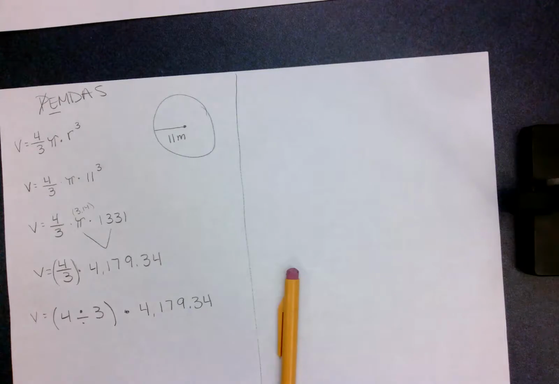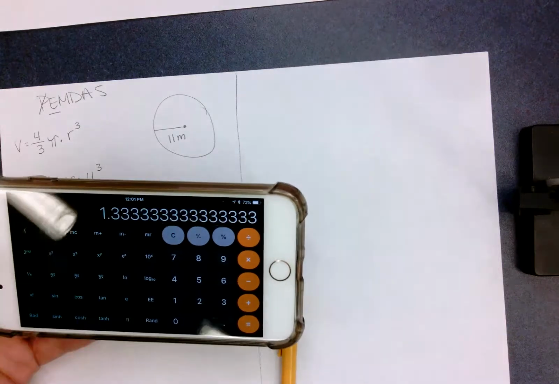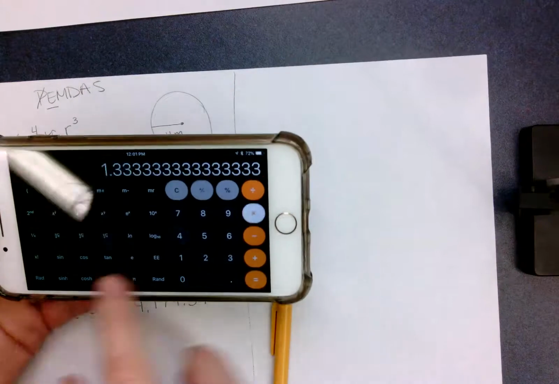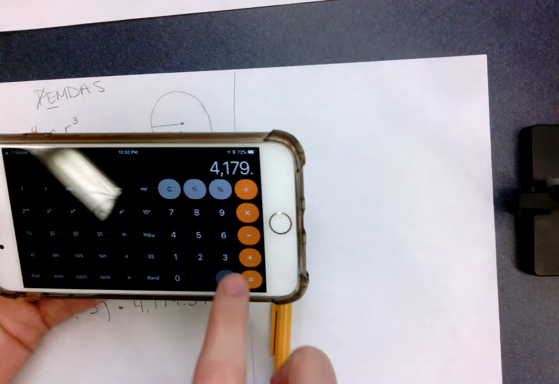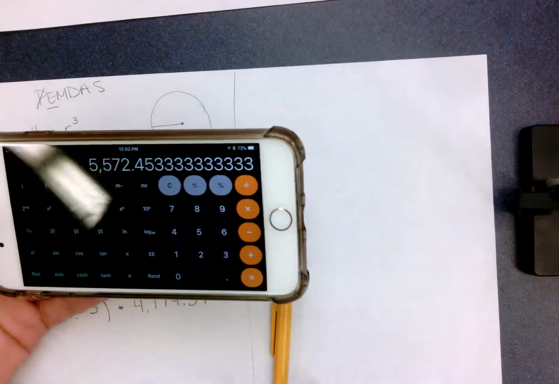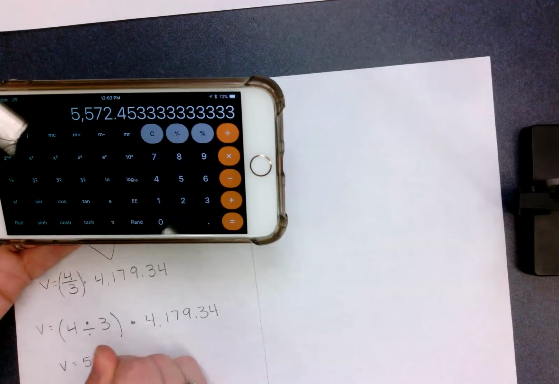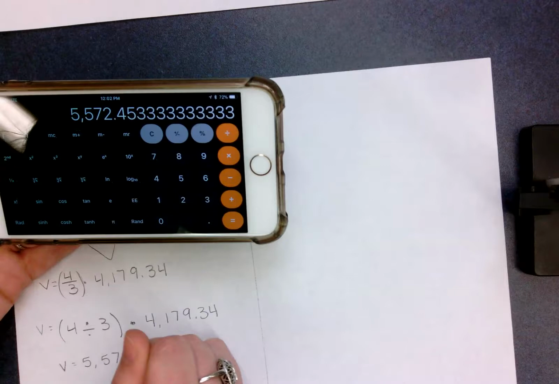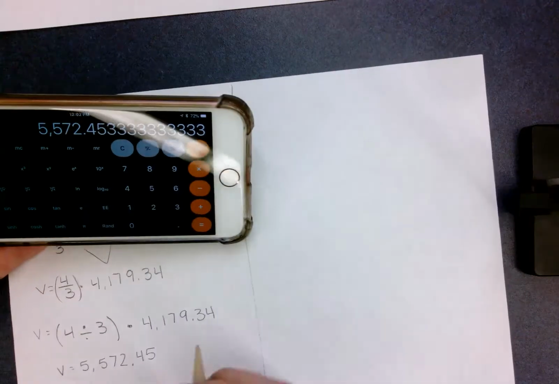I'll show you here. Open parentheses 4 divided by 3, close parentheses, times 4,179.34. That will give me 5,572.45.